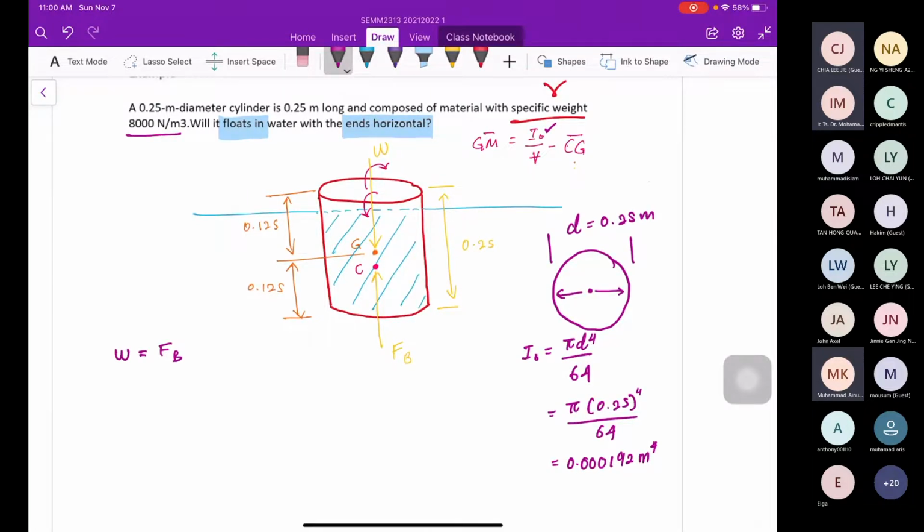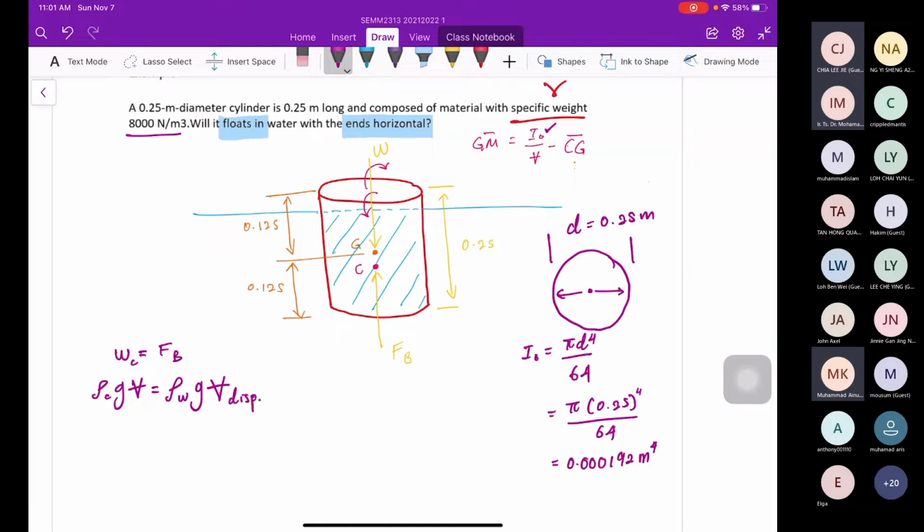The gamma of the cylinder is rho of cylinder, G and V, V of the cylinder, equal to the buoyancy force. The buoyancy force is rho of the water, gravity multiply with displaced volume. Displaced volume, this one.